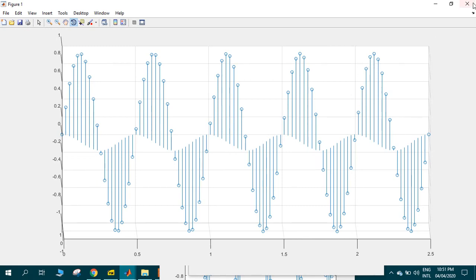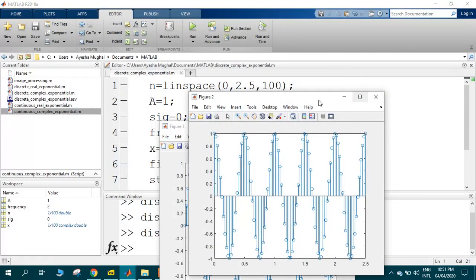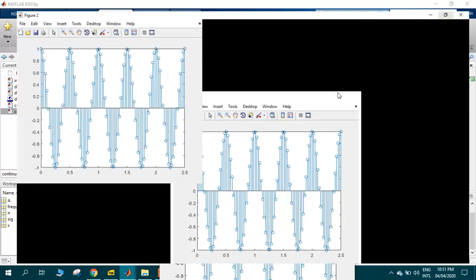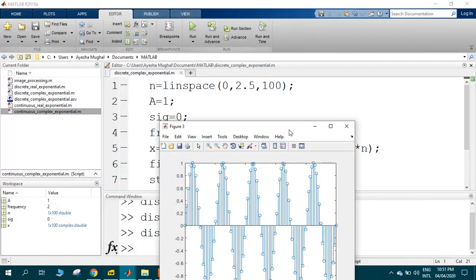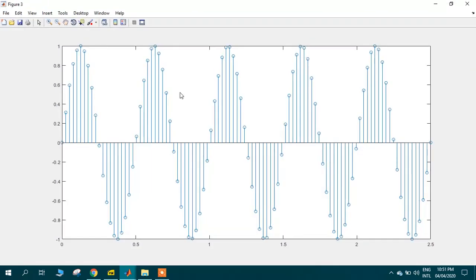As we know, its real part is going to be like the cos function, and as we know the value of cos at 0 is maximum, and this is the same as its real part, which was figure 2. It is the same as the cos function. And let's see its imaginary part, which is going to behave like a sine function.